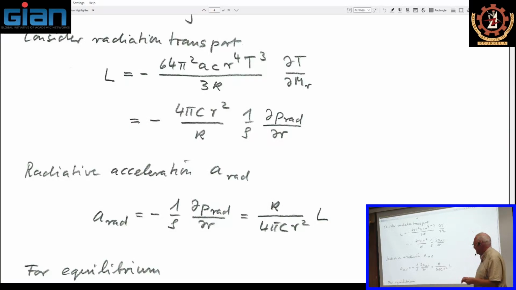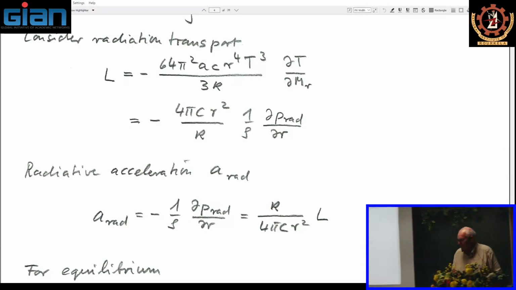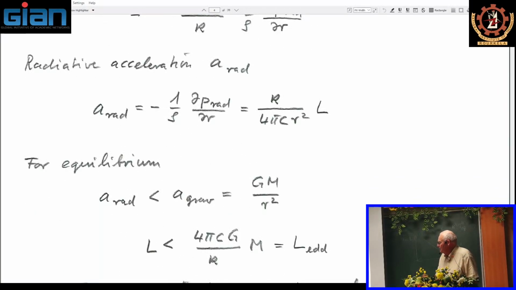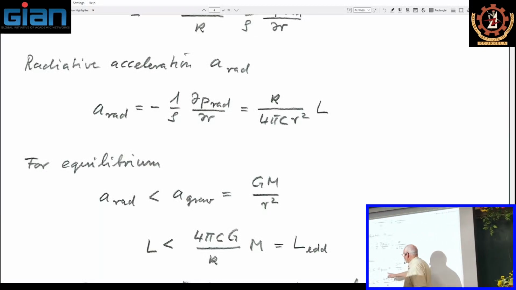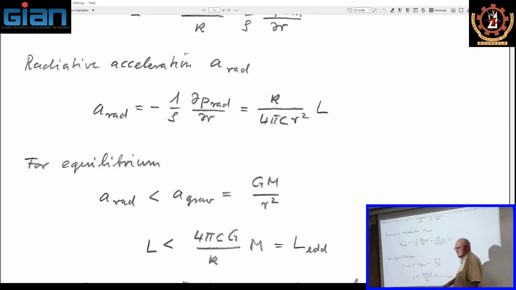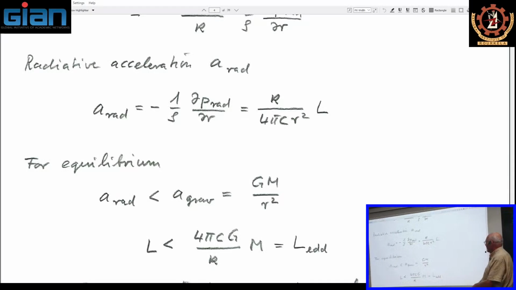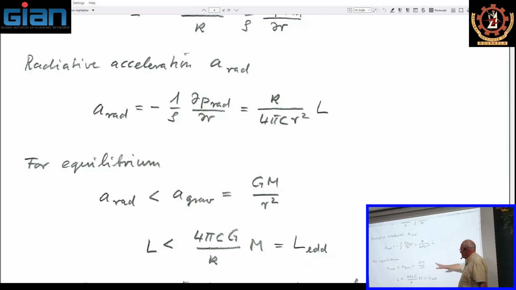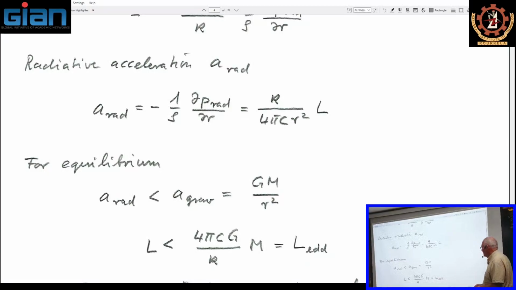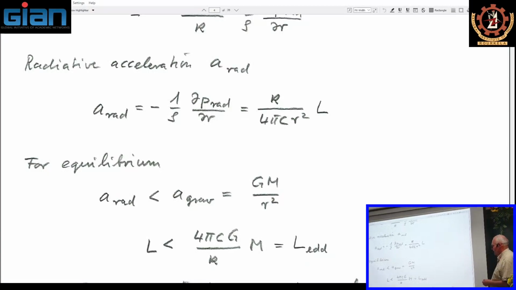Okay, agree? For equilibrium, we need that this radiative acceleration should be smaller than the acceleration by gravity, which is given by GM over r squared. But keep in mind, we have an additional acceleration by the gas pressure gradient, so the radiative acceleration has to be smaller than the gravity.